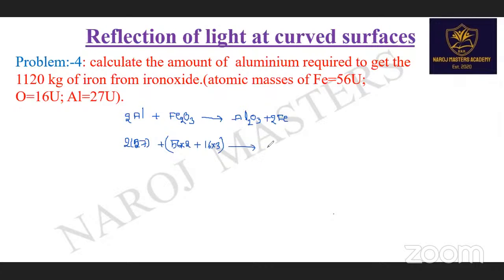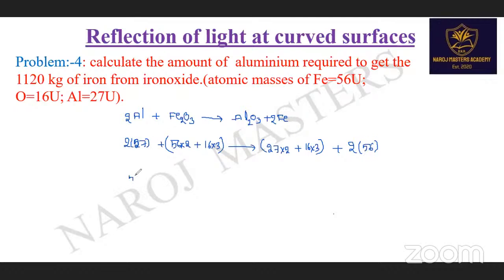Gives aluminium oxide: 27 into 2 plus 16 into 3, plus 2 into iron, 56.